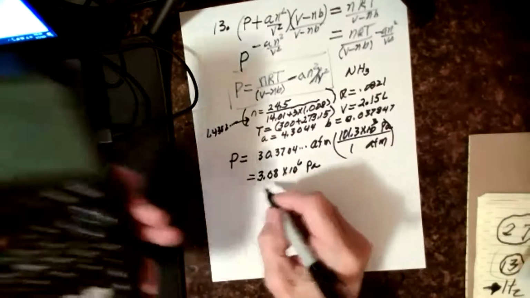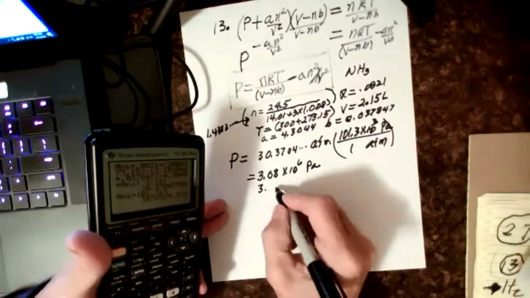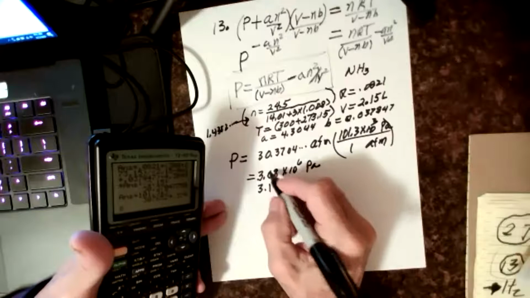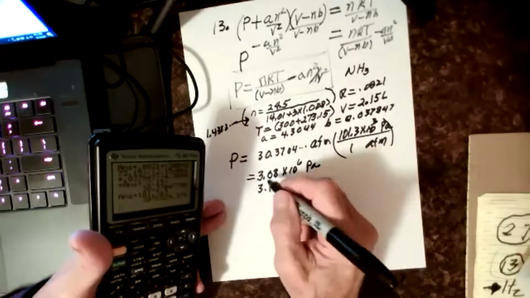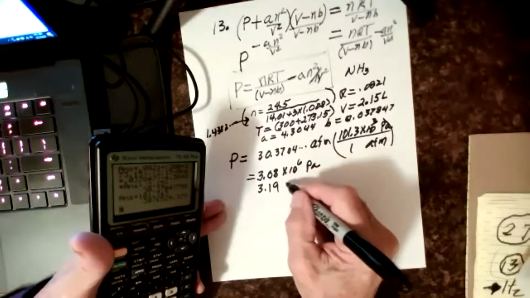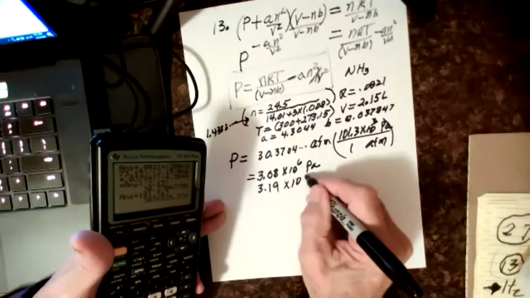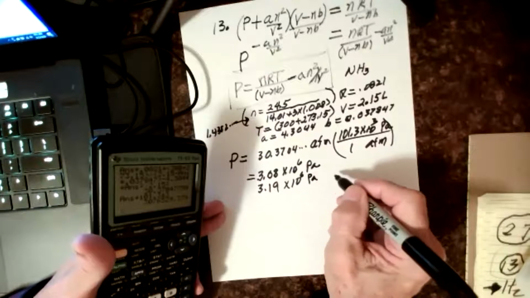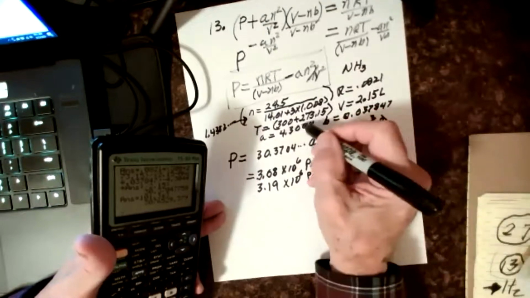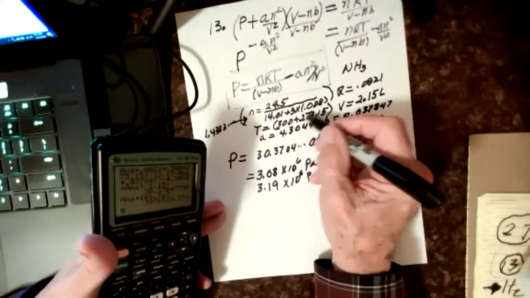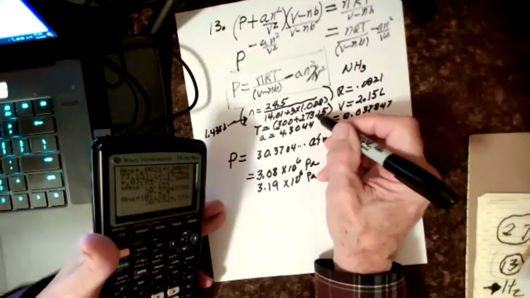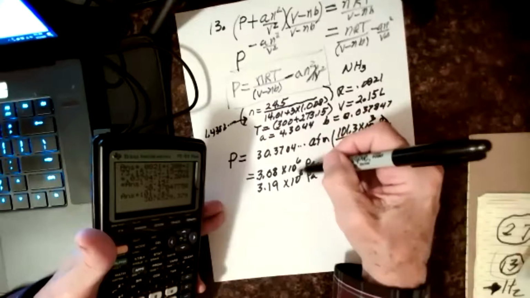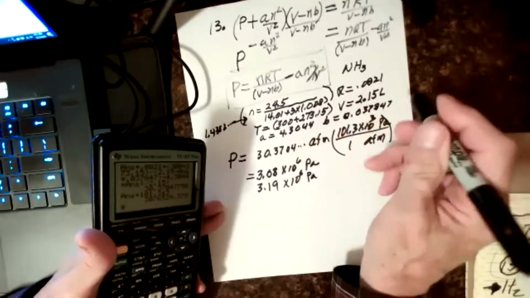Yeah, I'm off a little bit, but the answer is 3.19. So if I'm looking at the second significant figure, I'm okay, but I should be better than that. There's a chance there's still a slight mistake, and it could be way back up here when I did the temperature. I put it in as 273.15. That could be enough when you multiply by a million to make that much difference.